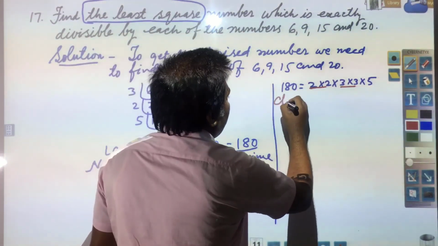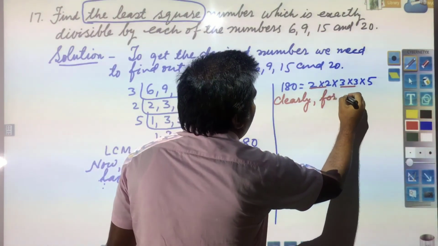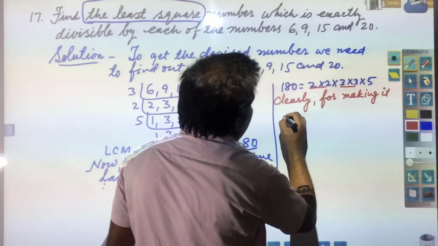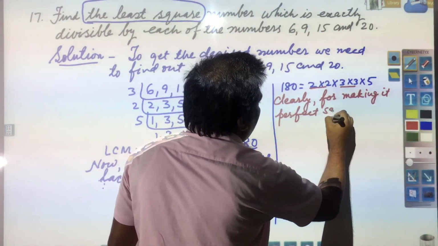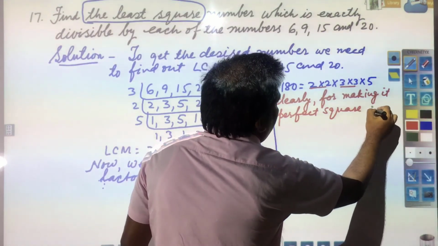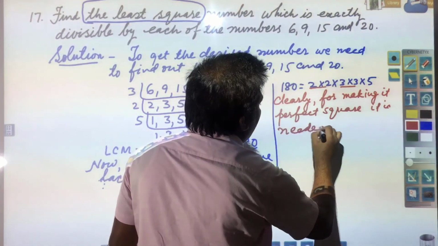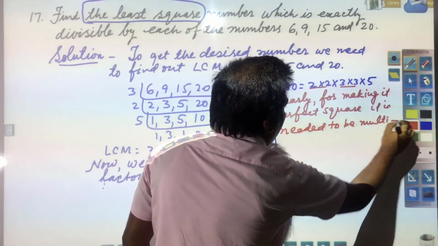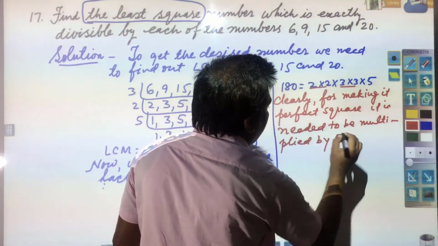So, here you can write clearly, for making it a perfect square, it is needed to be multiplied by 5.